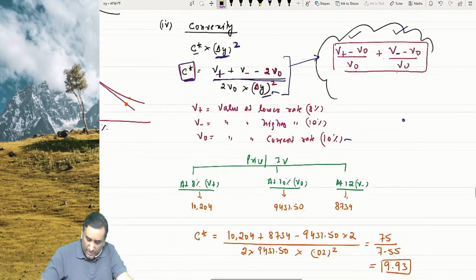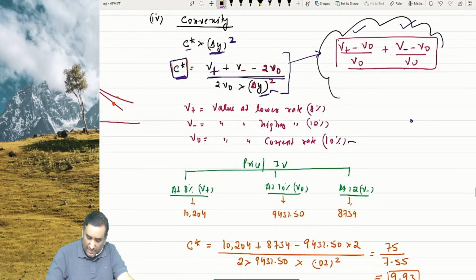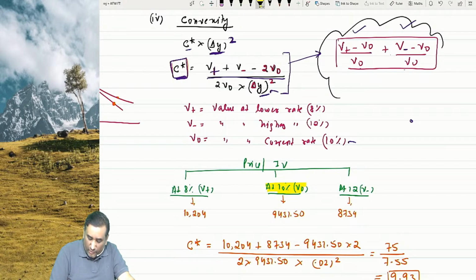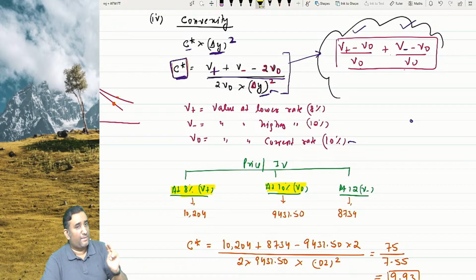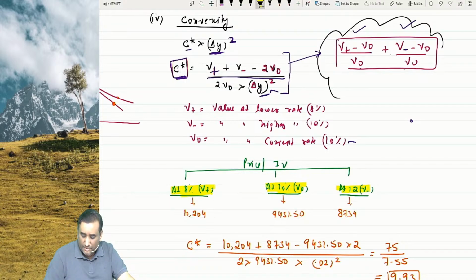One value we calculated at 10%, which was 9431. The second value we have already calculated. Remember in the exam, whatever change you are looking at, the change should be equal, either 2 plus or 2 minus. Since you have already taken 8 and he has given the indication, next I have taken 2.